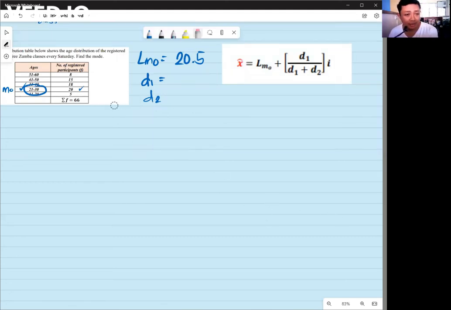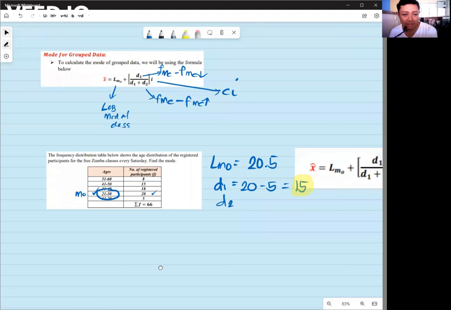So in here, all we have to do to get our D1, we never should forget to subtract the frequency of the modal class by the value below it and then by the value above it. Remember that. So at least we already know how to identify them.